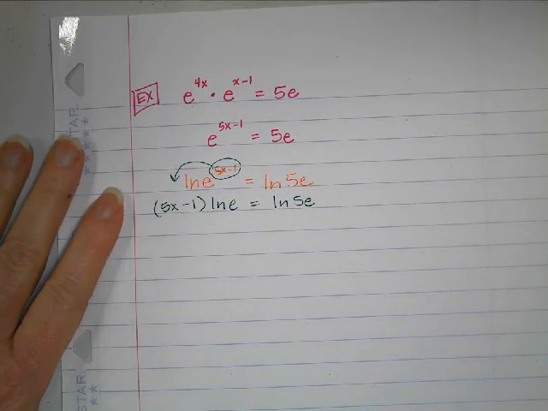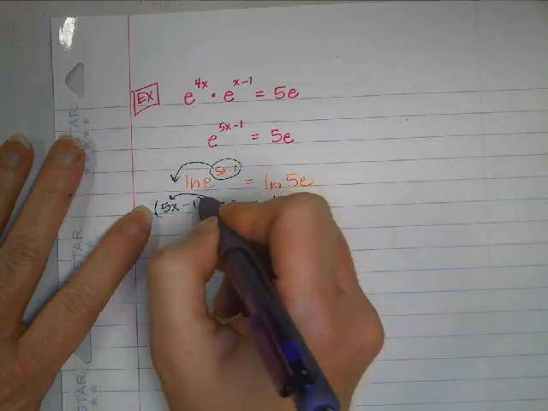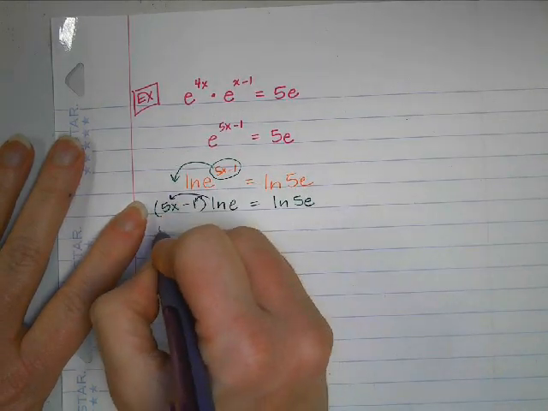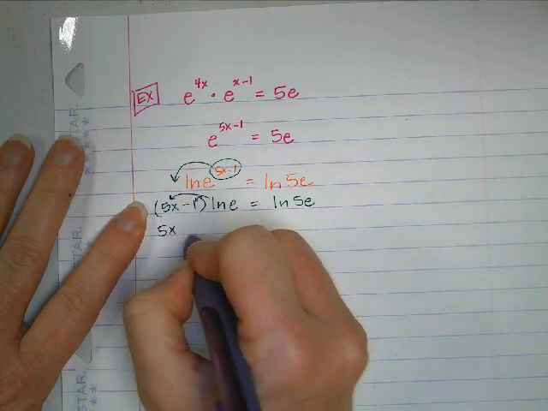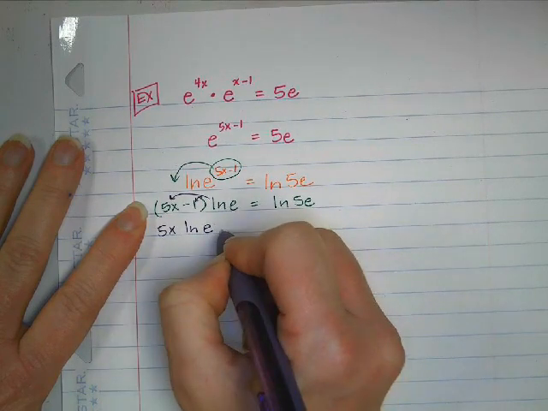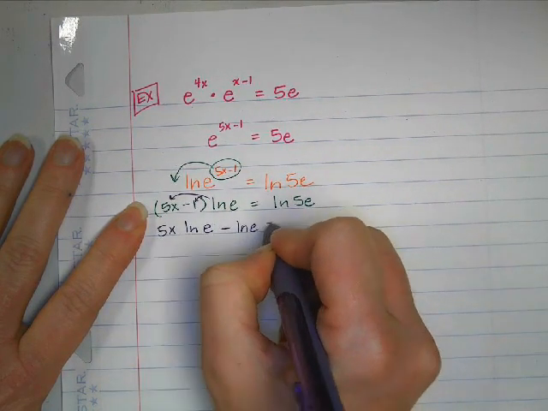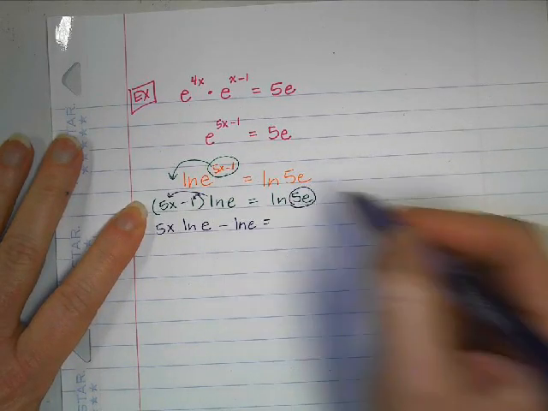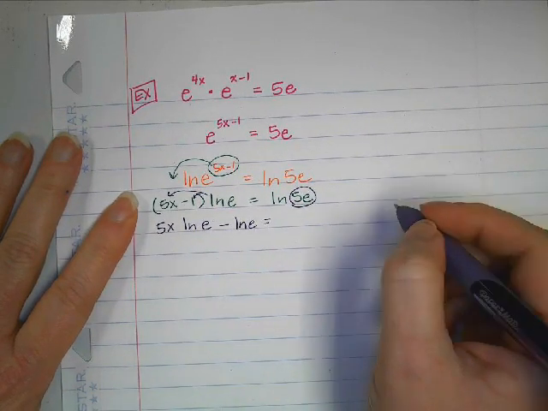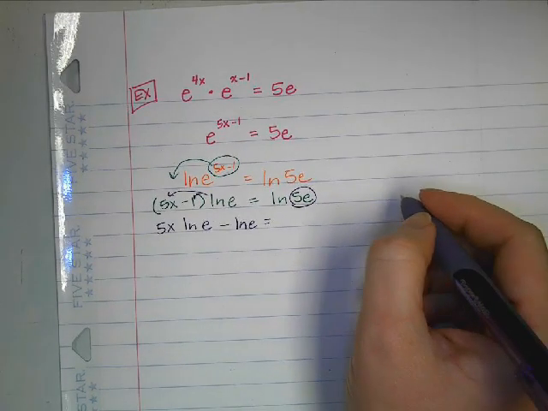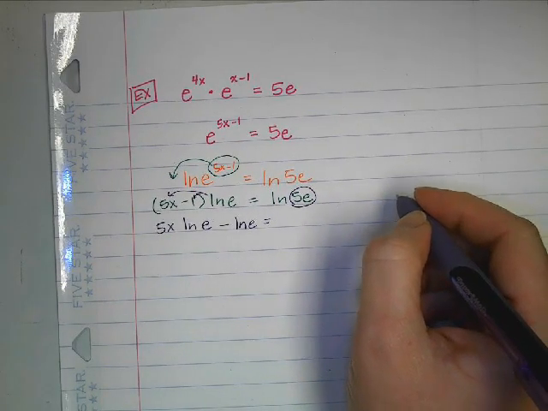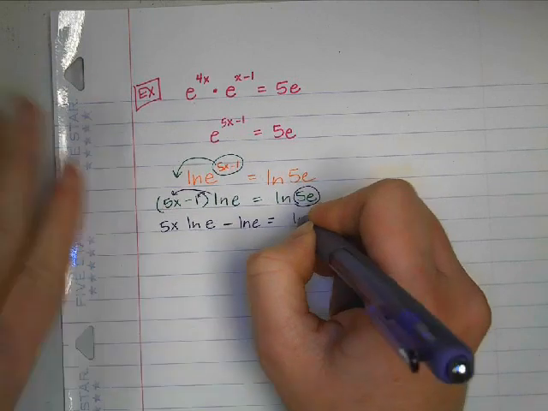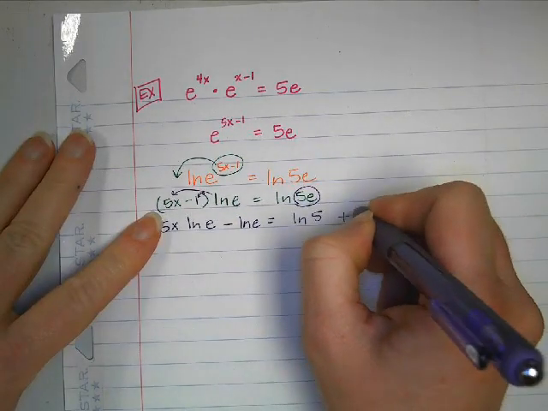Now, distribute this. 5x natural log e minus natural log e equals. Now, right here, I am going to split my argument up. How do you split up an argument that's being multiplied? Right. So I'm going to have natural log 5 plus natural log e.